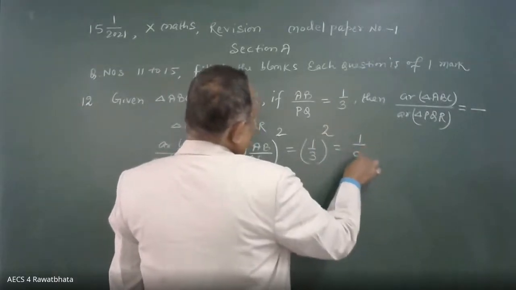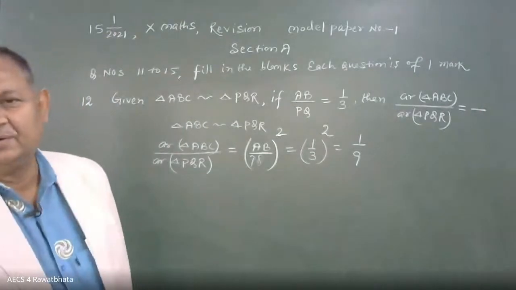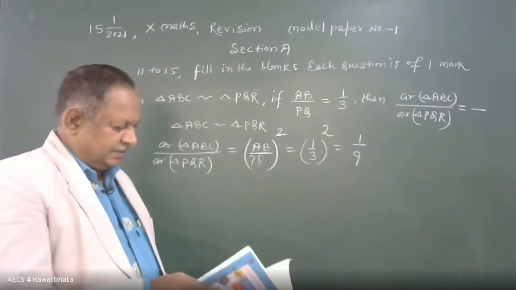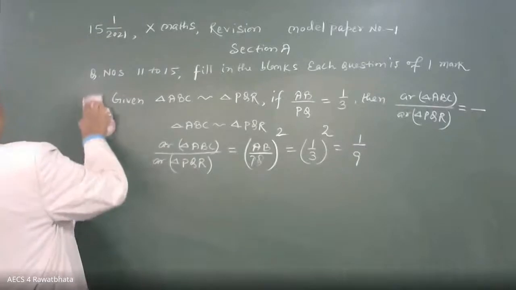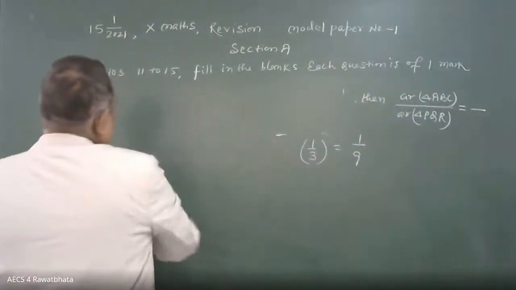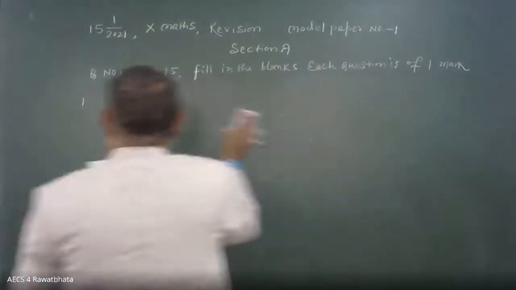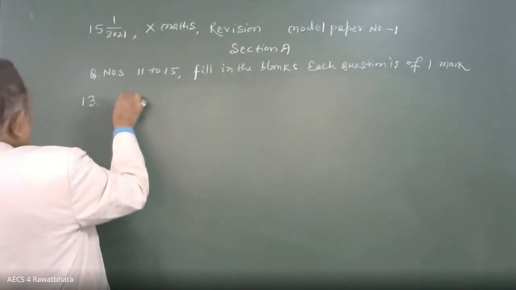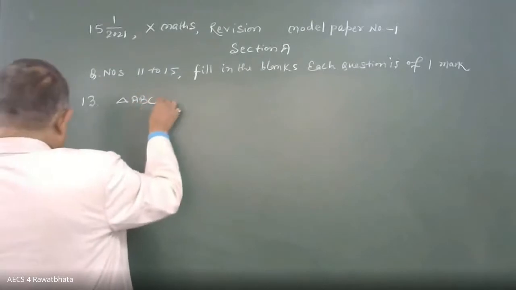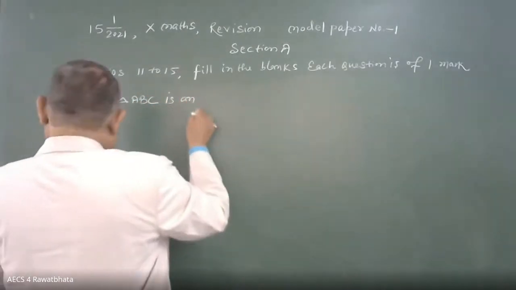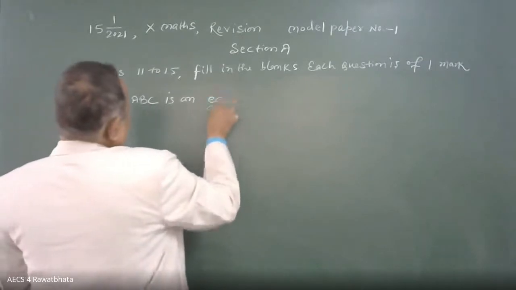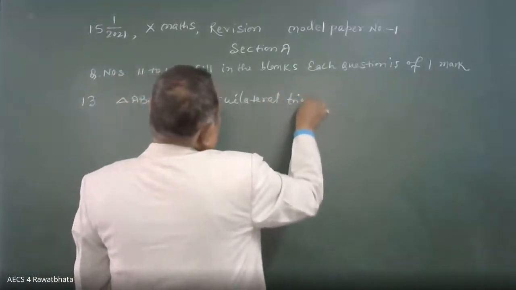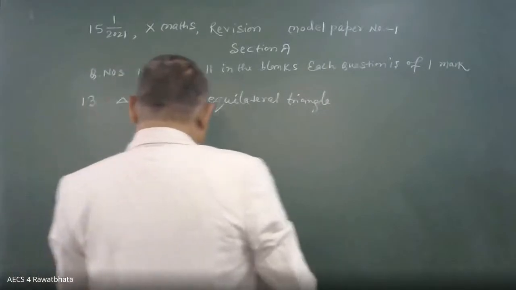Come to question number 13. Triangle ABC is an equilateral triangle of side 2A.